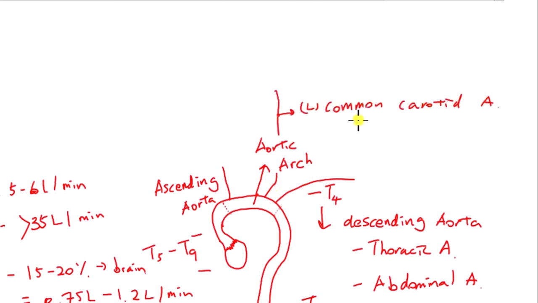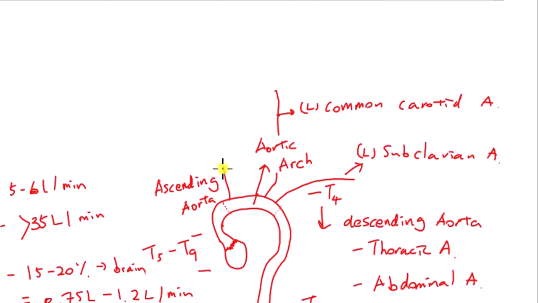The common carotid artery is going to divide into the internal carotid artery and external carotid artery. And this part is the left subclavian artery, and the left subclavian artery supplies the left upper limb.